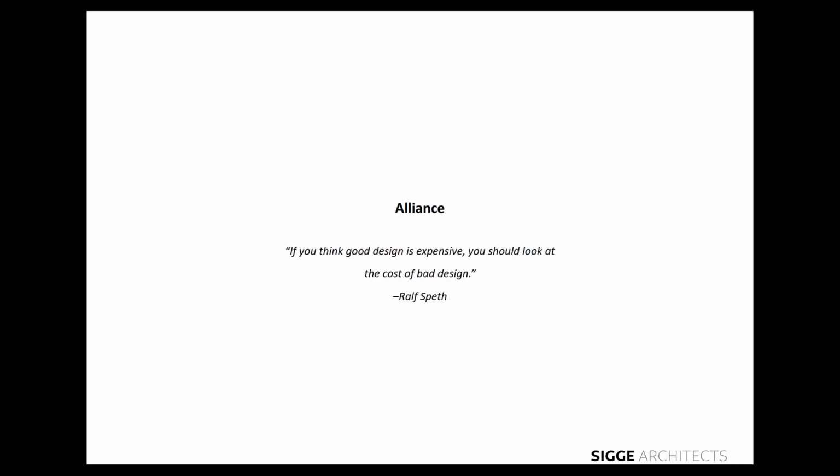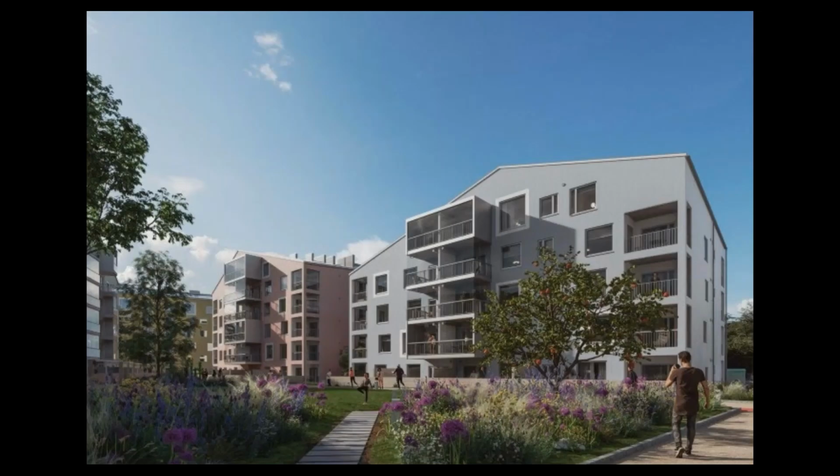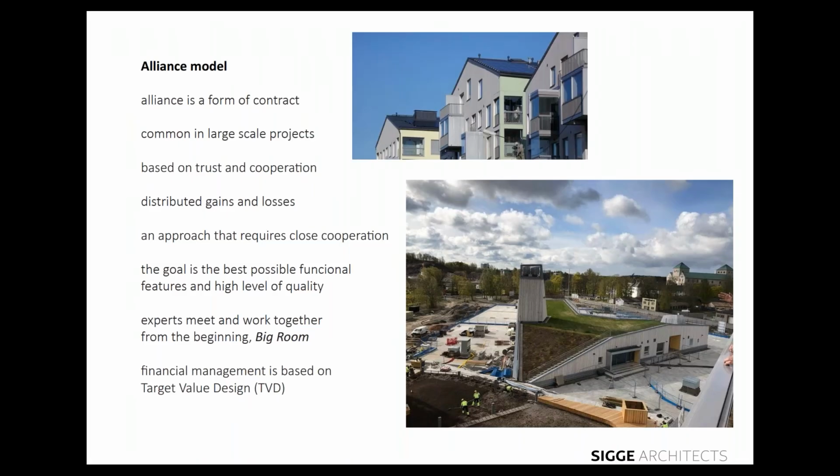Then next, a little bit about the alliance model, which is a type of contract selected for this Harppuun project. Alliance is a form of contract which is common in Finland in very large scale projects. The alliance model is based on trust and cooperation.